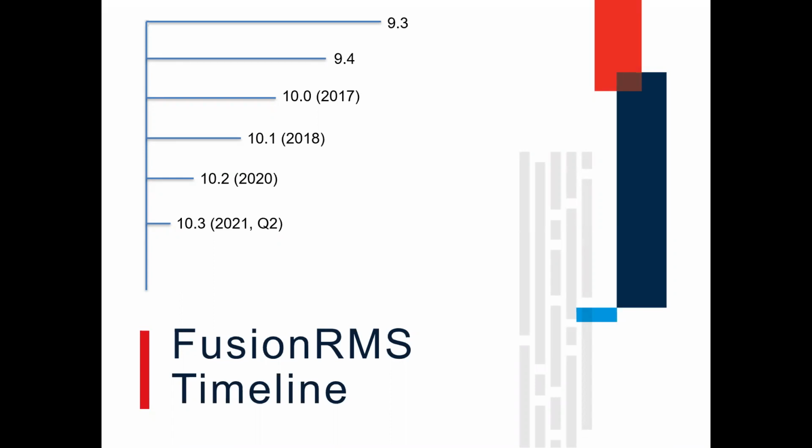Everything can be done within the grid. We've created some more modernization within the individual user experience. And we've also added a lot more as it relates to security and how people can access Fusion. Of course, when we came out with the 10.x versions, we also added our mobile app that's available to our customers as well.